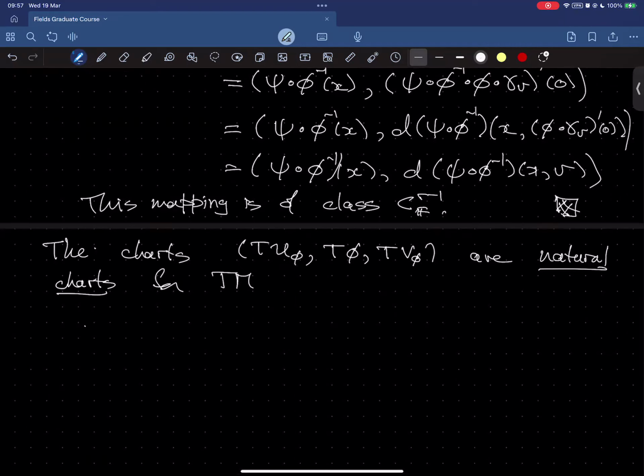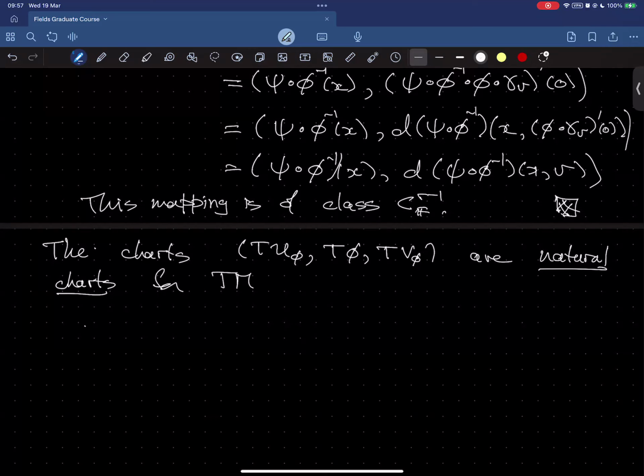The point is that if you have an atlas for M, then the collection of natural charts for TM associated with that atlas are an atlas for TM. I guess you'd call that the natural atlas.